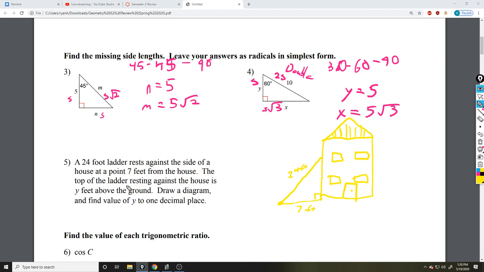And then the top of the ladder resting against the house is y feet above the ground. So this is another Pythagorean Theorem question where this is my hypotenuse. So we have 24 squared equals 7 squared plus y squared.